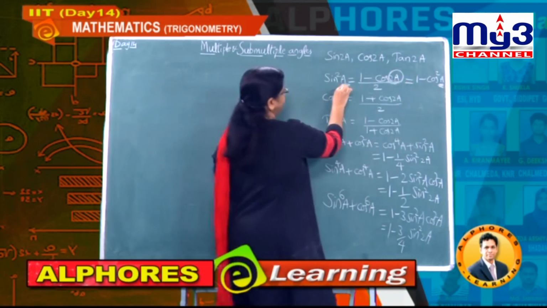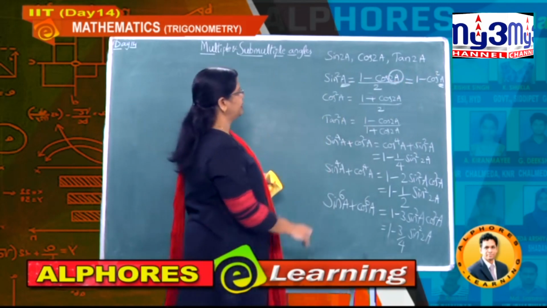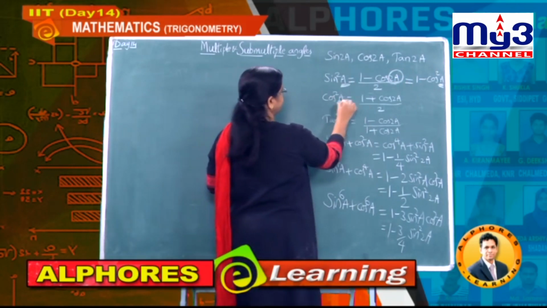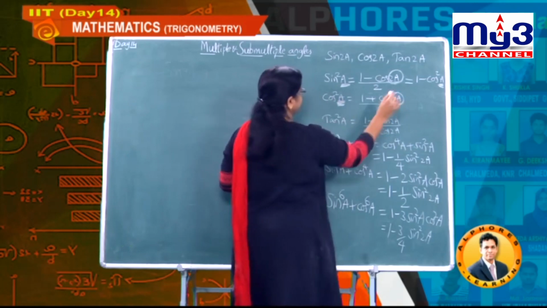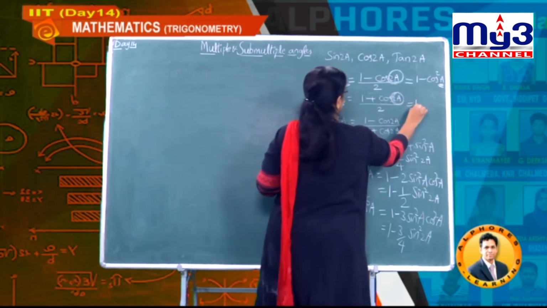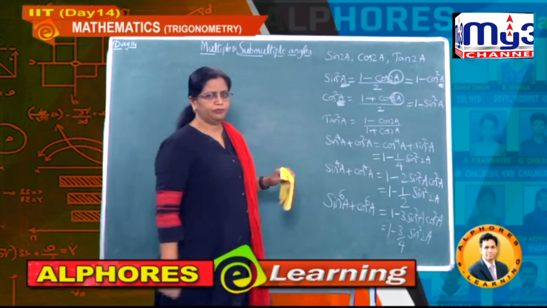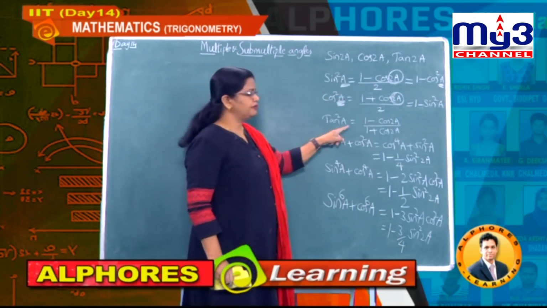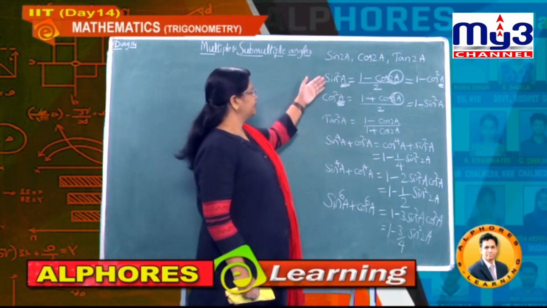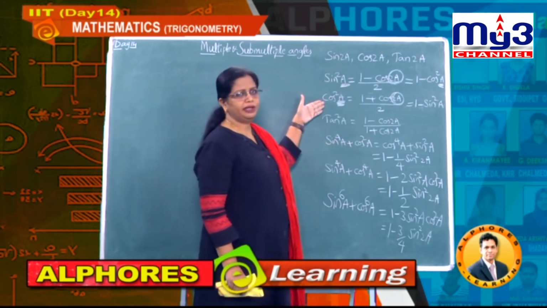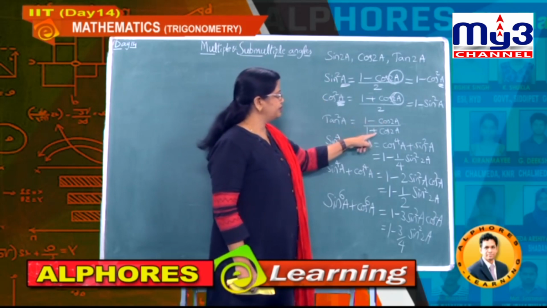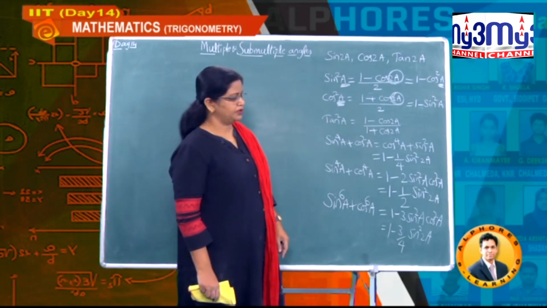Twice that of the given value, okay. And next one cos square A, this is cos 2A, twice the angle, and this one is here the now known formula 1 minus sin square A, okay. And then tan square A, it is sin square A divided by cos square A, it is 1 minus cos 2A by 1 plus cos 2A.